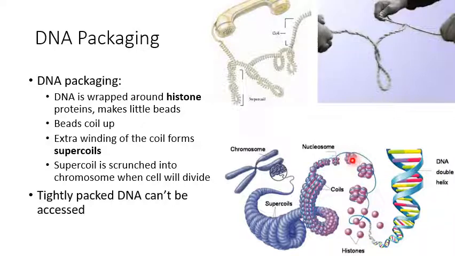You need to move the histones so that you can get to this part of the DNA that's wrapped around them. That process goes beyond our purview in here, but just know that the more tightly packed DNA is, the more difficult it is to access, therefore it's going to be inactive. Your active DNA is going to be very loosely packed, so you can actually work with it.